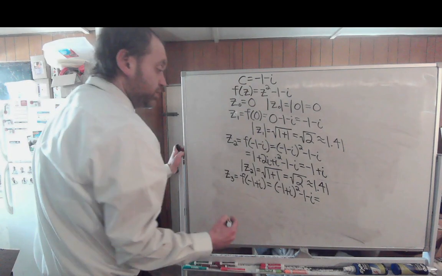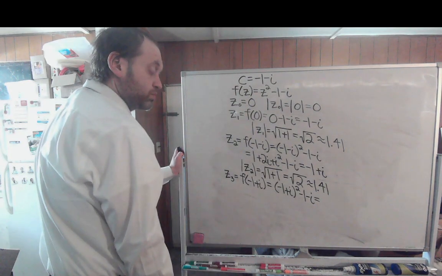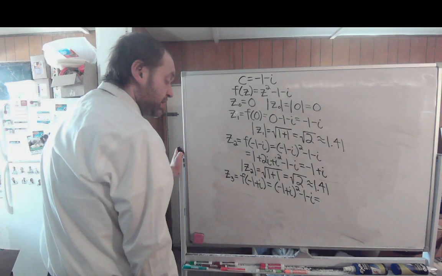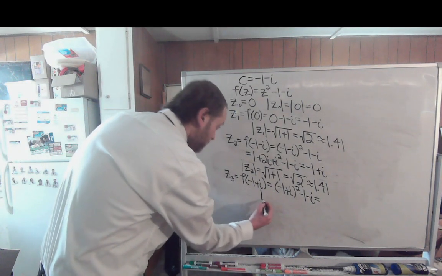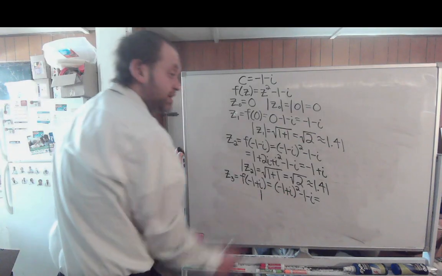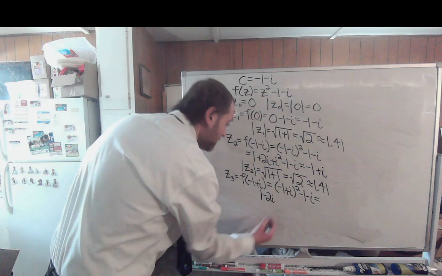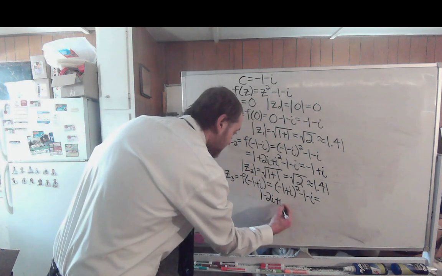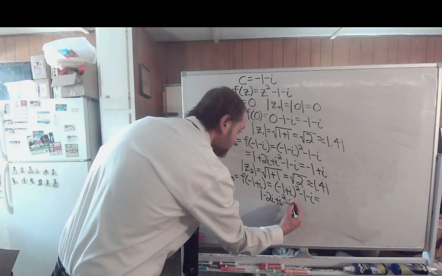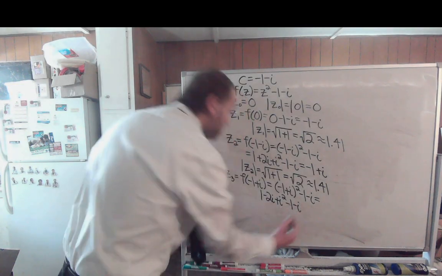That's going to equal, let's see, negative 1 squared is simply going to be positive 1. Then 2 times negative 1 times i, that'd be minus 2i. i squared, so that'd be plus i squared. Minus 1 minus i.